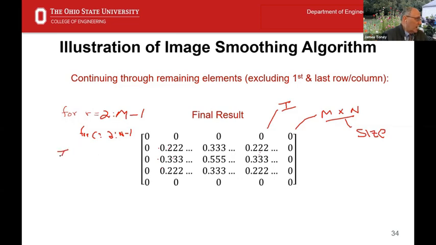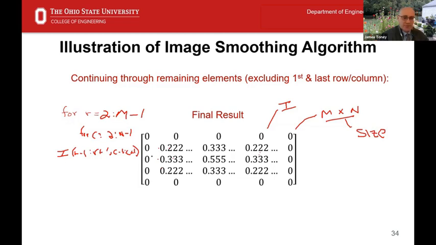So you take I, right, so we're centered on row R, column C, and we want to go one row up and one row down, one column to the left and one column to the right. So we go R minus 1 to R plus 1, C minus 1 to C plus 1.